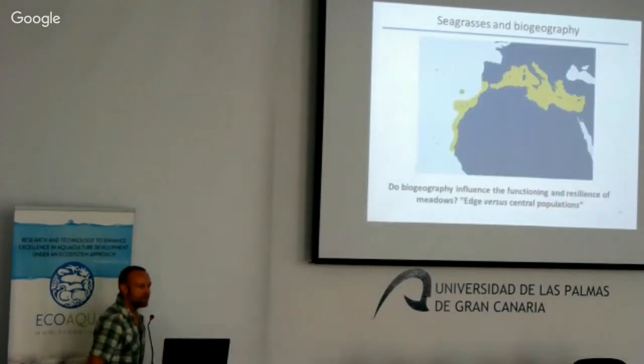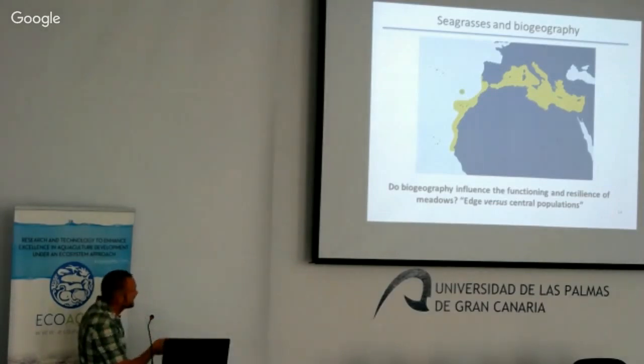And all of these things that I've been describing can be complicated in the sense that any species, such as this foundation species, has a particular distribution range. So, for example, our case study species Cymodocea is distributed across the entire Mediterranean and from the southern Iberian Peninsula to the west coast of Africa.